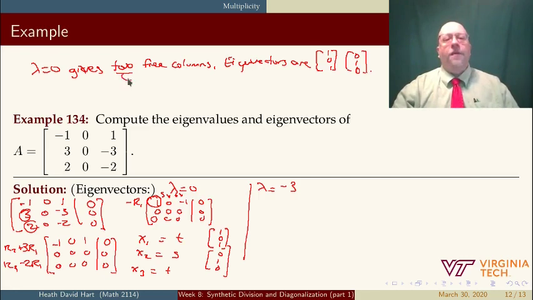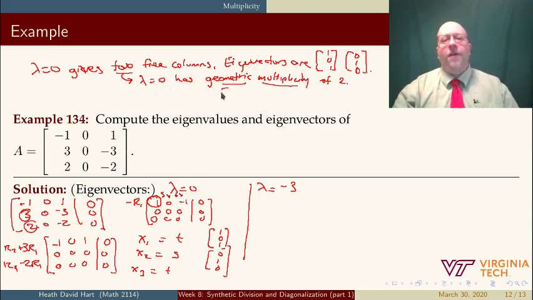We say in this case that lambda equals 0 has a geometric multiplicity of 2. Algebraic multiplicity is how many times lambda equals 0 was a root of the characteristic polynomial.